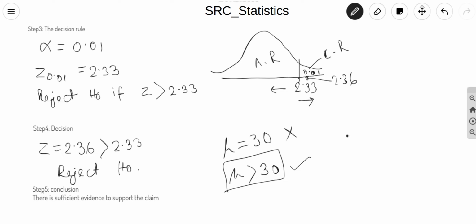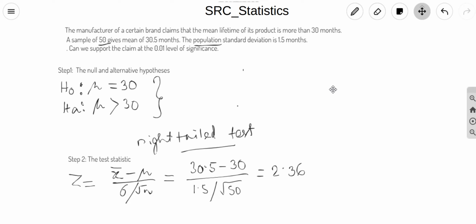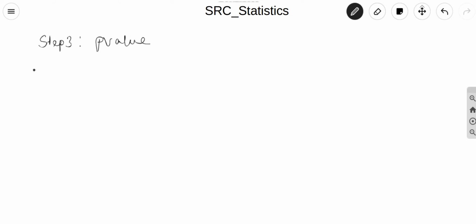Now we shall go to the p-value approach. In the p-value approach, step 1 and step 2 are the same, that is, we set up the null and alternative hypothesis, and then we calculate the value of the test statistic, and the third step will be calculating the p-value. So step 3 is calculating the p-value.